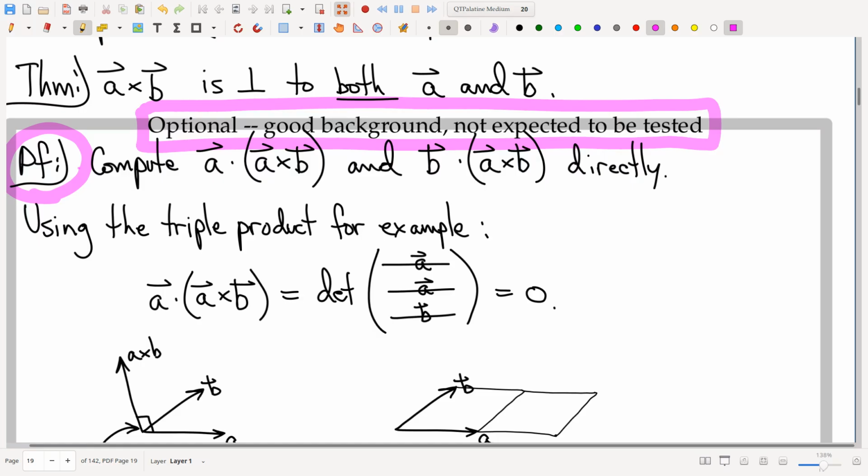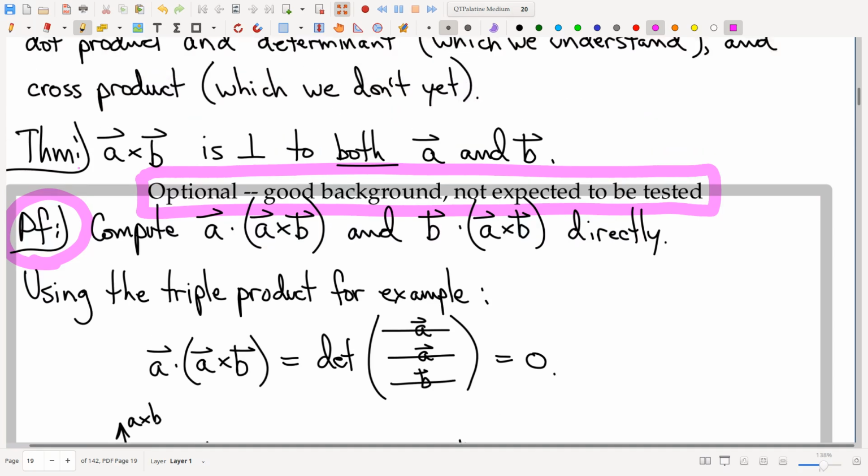Do you have to know this? No, you don't have to, but it will make you a better mathematician. It will give you better practice thinking about the ideas that we've been talking about. I think this is fantastic mathematical weightlifting. Again, optional, you don't have to do it, but I encourage it.